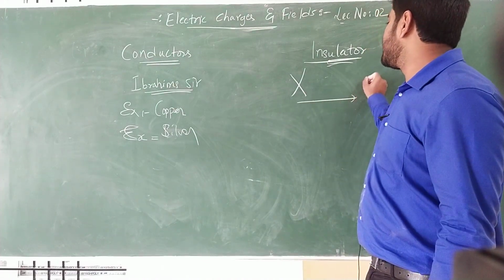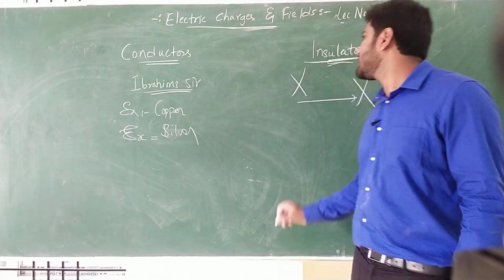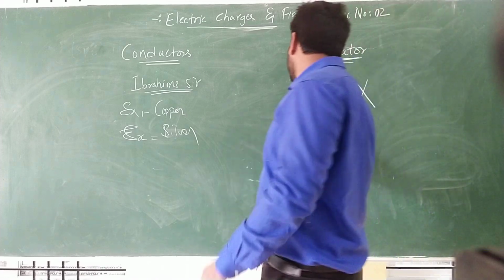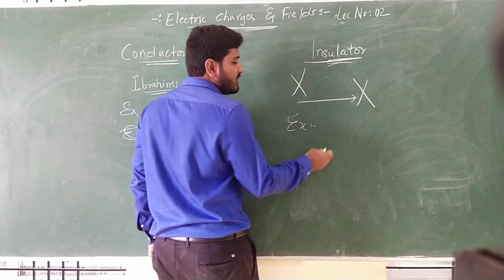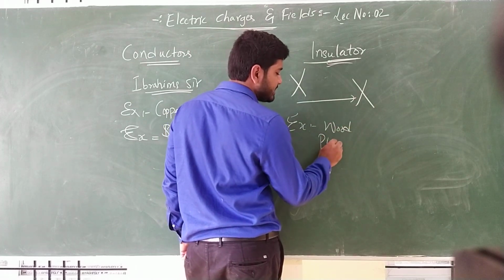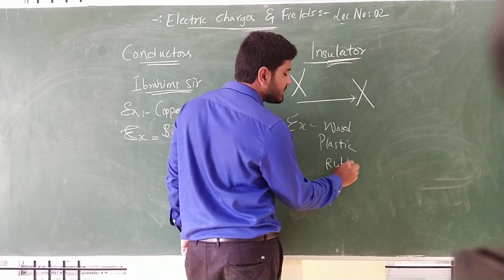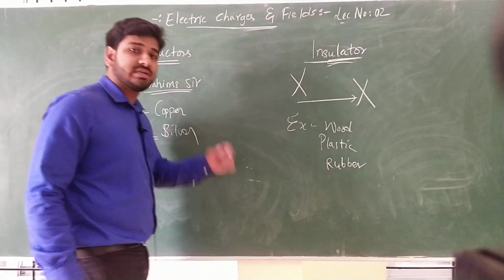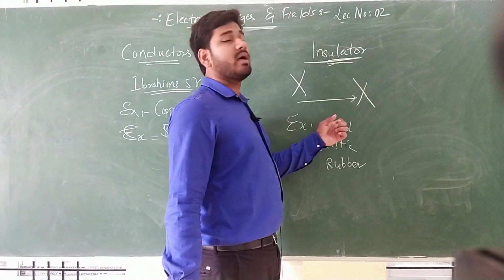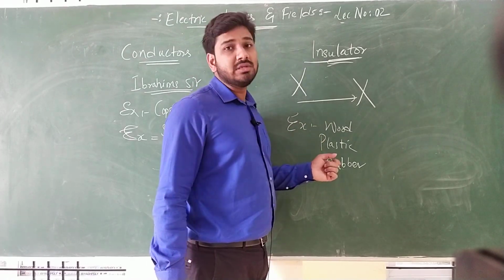A thing which doesn't allow electric charges to pass through it is called an insulator. For example, wood, plastic, rubber. All these things don't allow electric charge to pass.